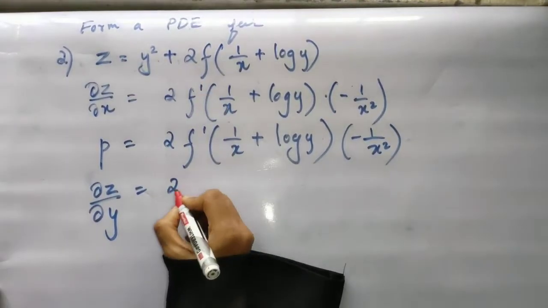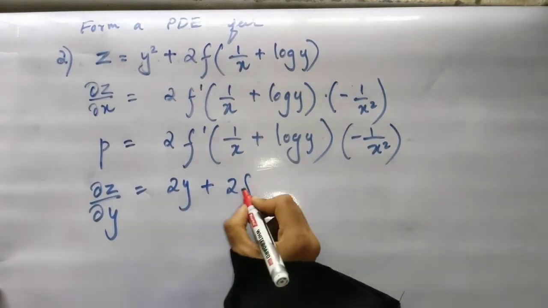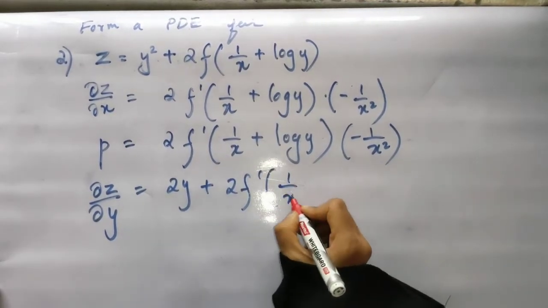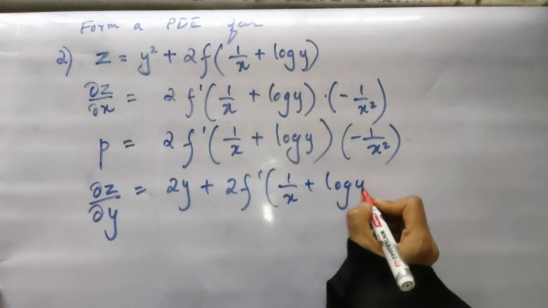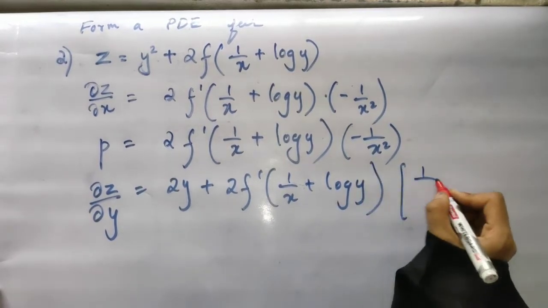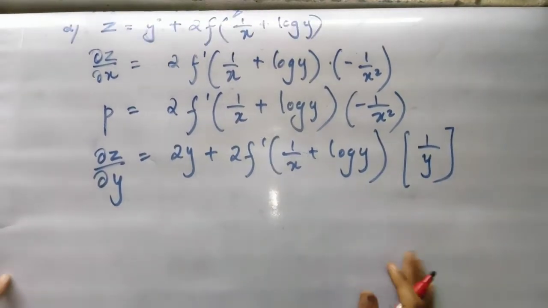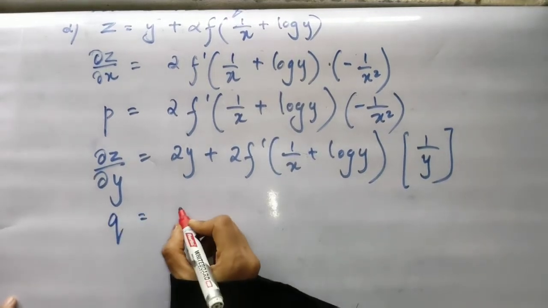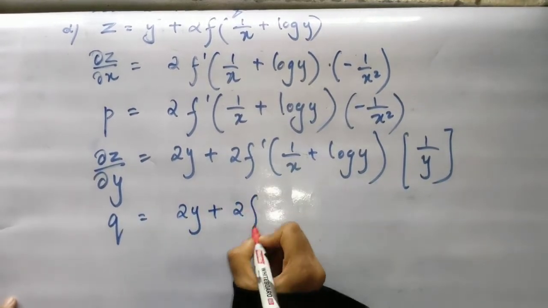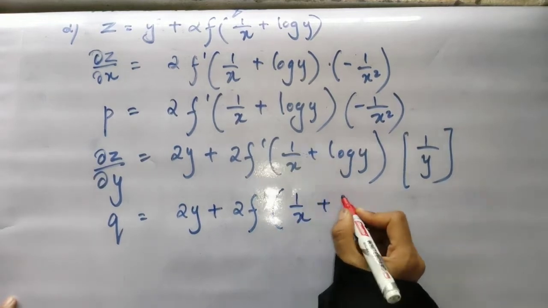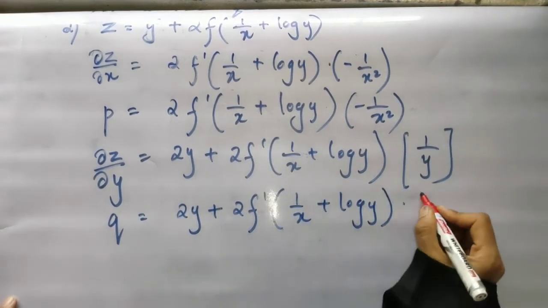So it will be 2y plus 2 times f dash of 1 by x plus log y into the derivative of the bracket, it will be 1 by y over here. Therefore you are having q is equal to 2y plus 2 times f dash of 1 by x plus log y into 1 by y.